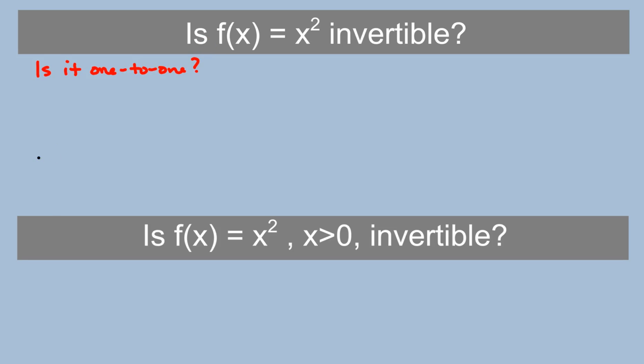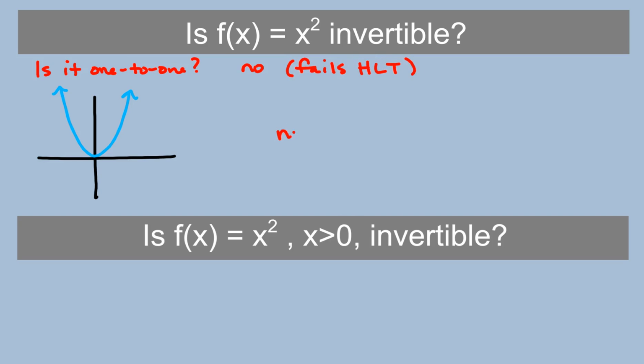There are different ways we could figure it out. The easiest for this one would be to visualize the graph of f of x equals x squared. It's just a parabola opening up with vertex at 0, 0. It fails the horizontal line test. So it's not invertible.